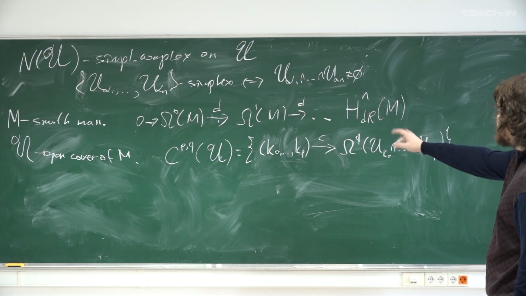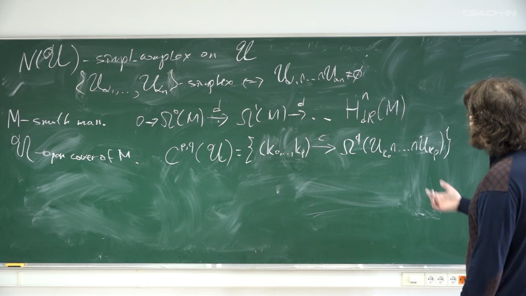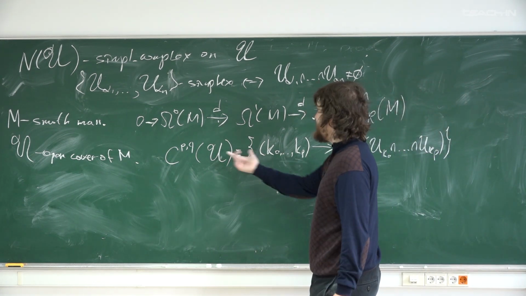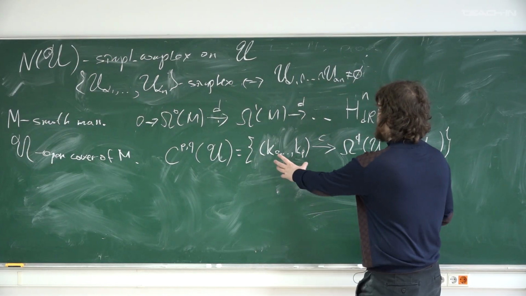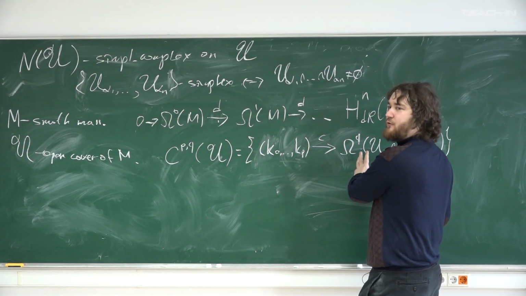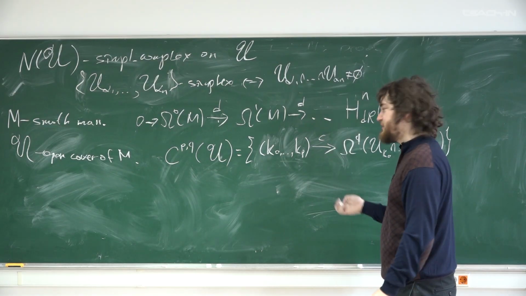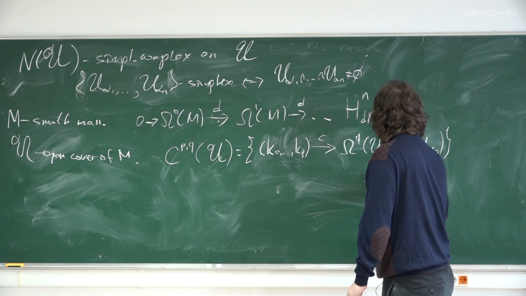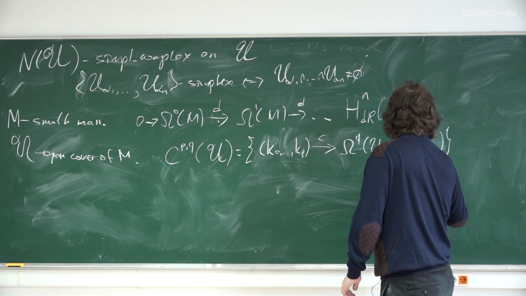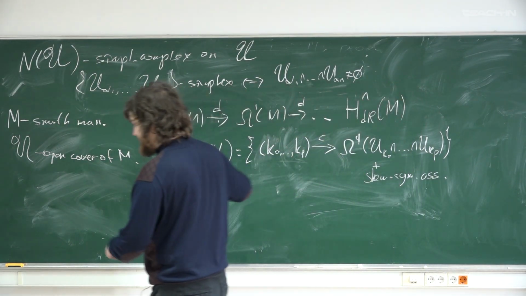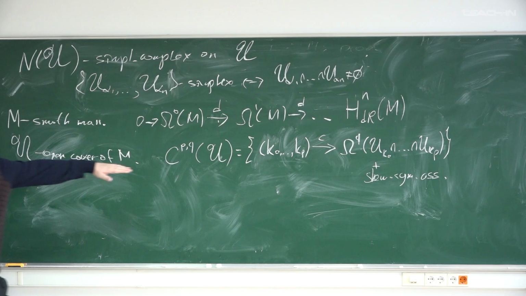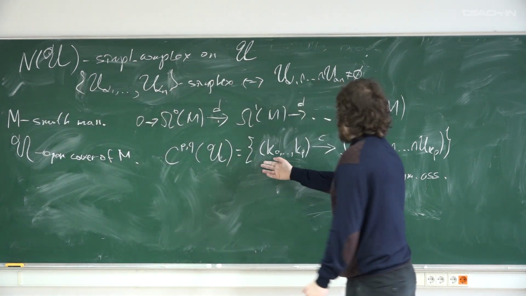Again with skew-symmetric assumption. So for any p-simplex, it sends this to some differential form on the intersection, with skew-symmetric assumption. All of these things are vector spaces. This map is from K_p to the direct sum of all Omega^q, because it takes values in different forms for different simplexes.